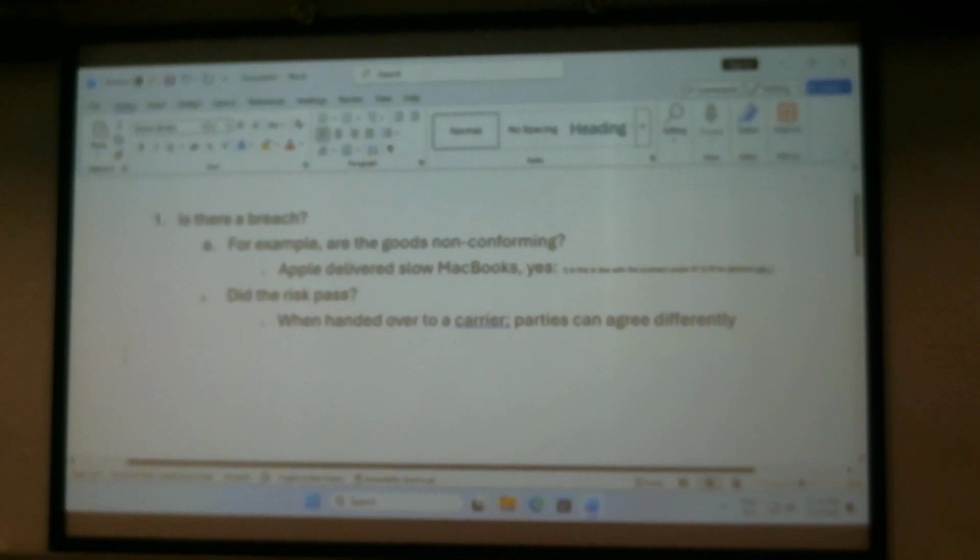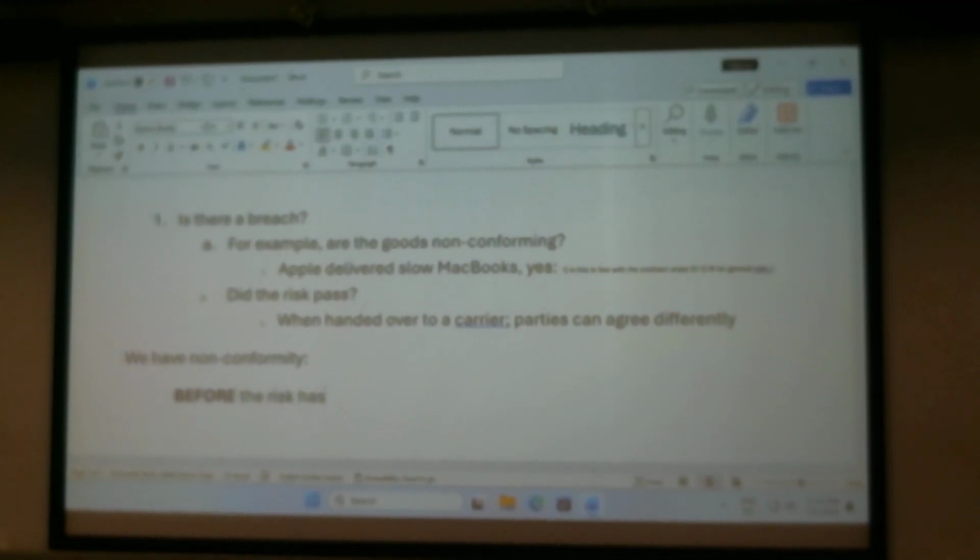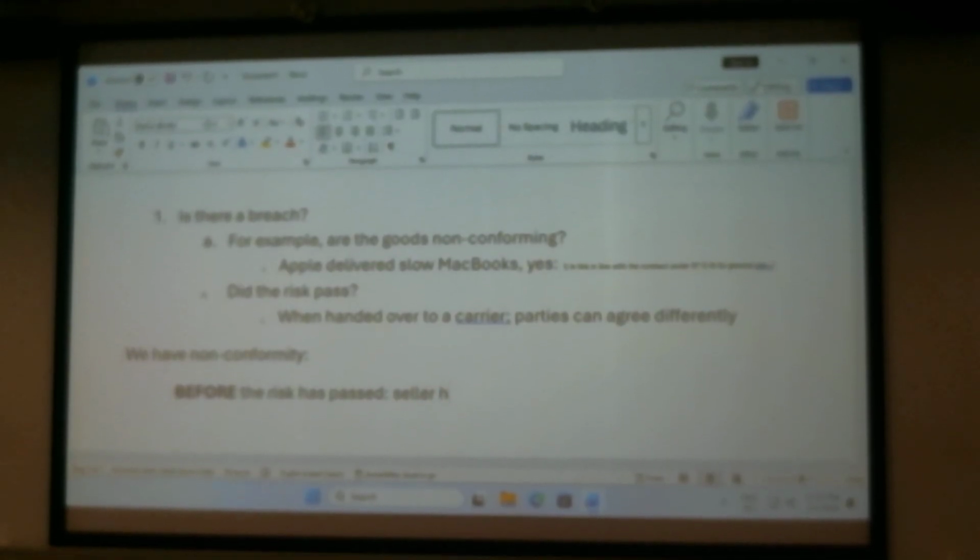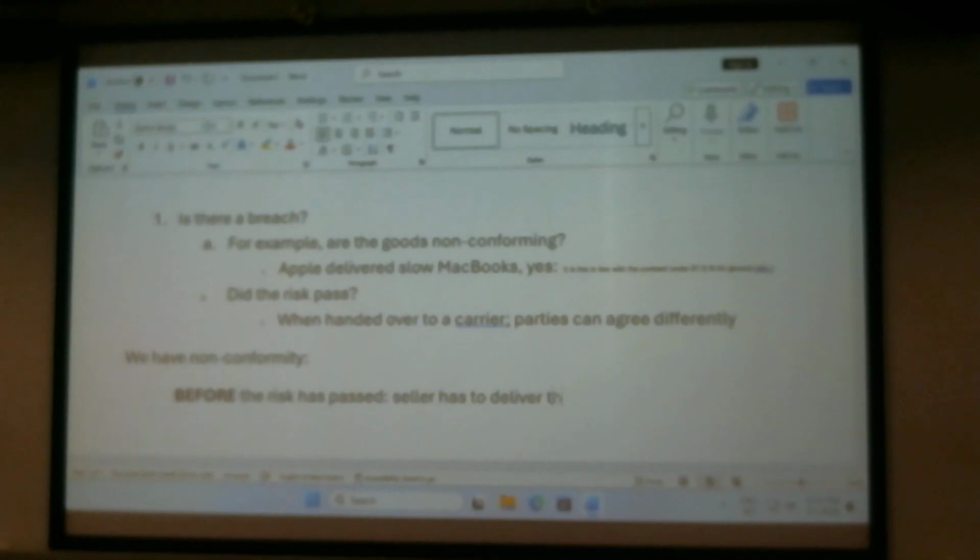That puts us here. It just means that we have non-conformity. Before, the seller has to deliver the goods. After, the buyer has to pay, regardless.